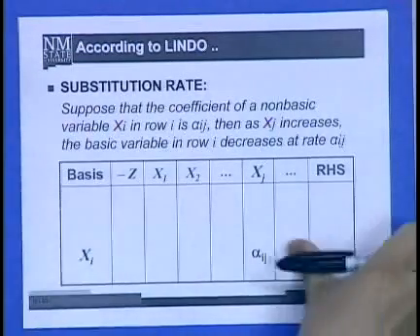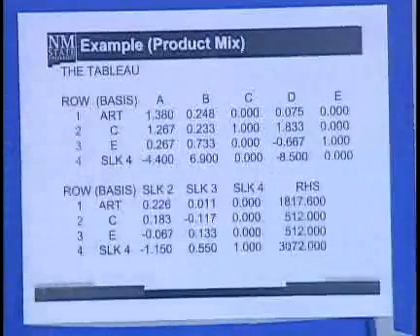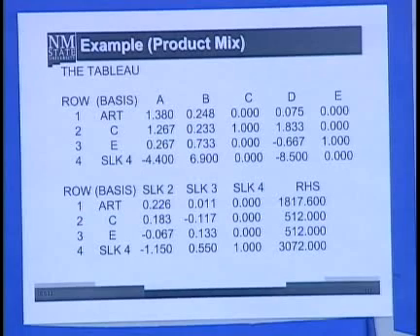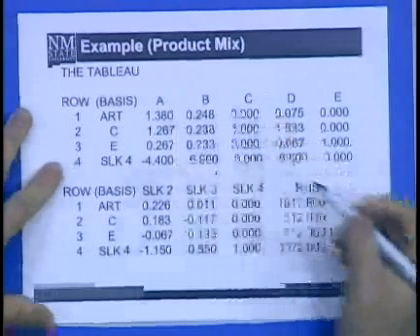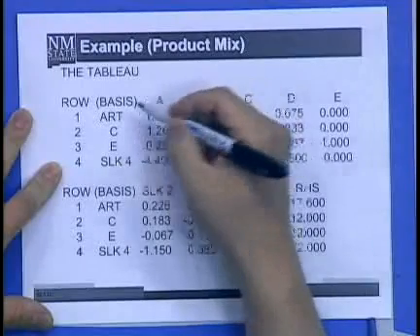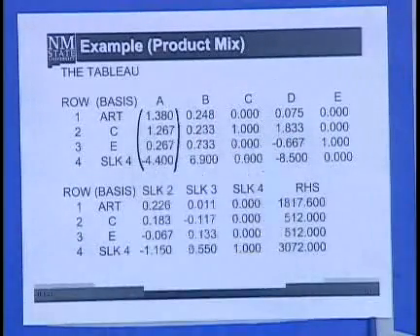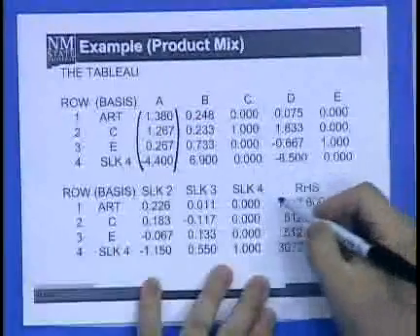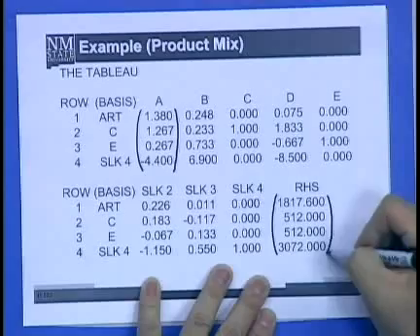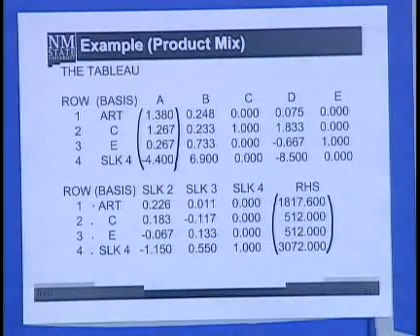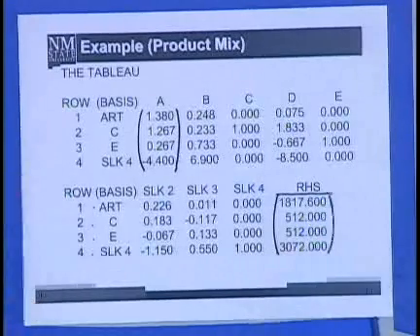So in this table, we want 10 units of product A, so we should look at the substitution rates for non-basic variable A. And this is the current value of these basic variables, because those are the right-hand side values.